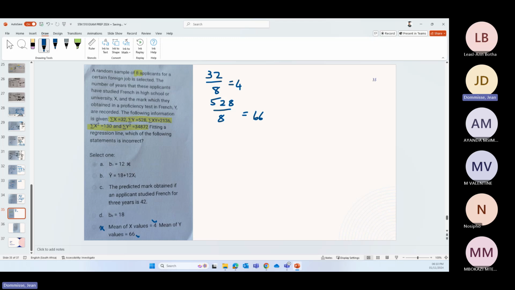So now we actually need that formula of how to work out B1 and B0. So we need to work out B1 and B0 with that information.